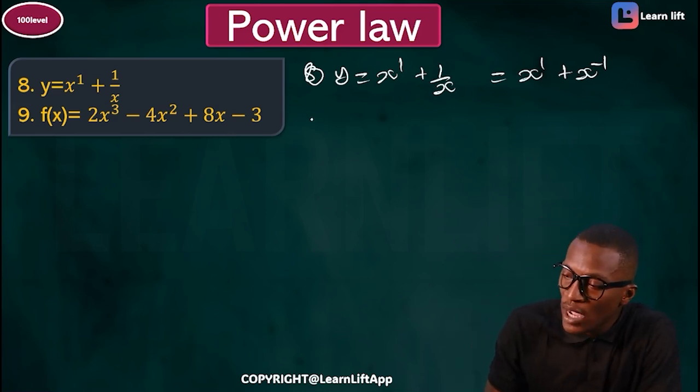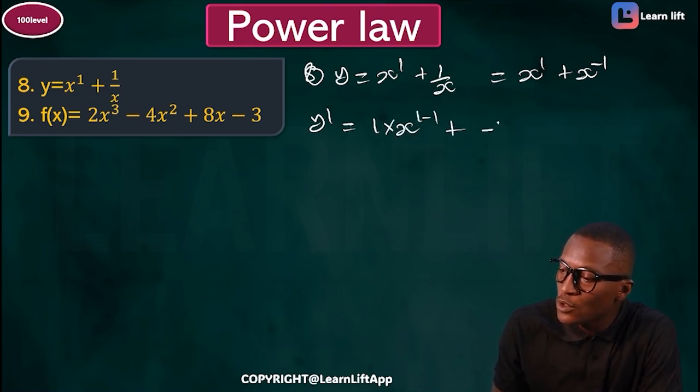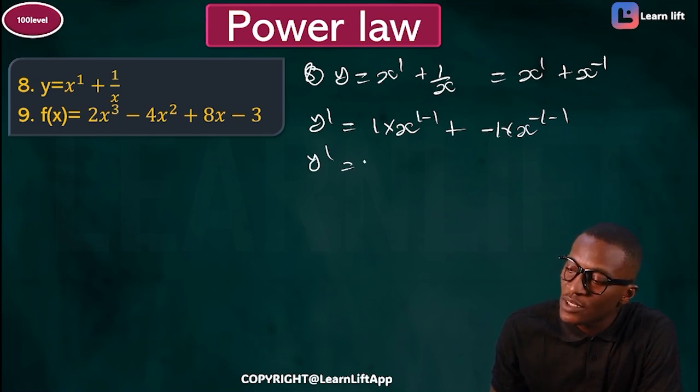So what will be y prime? Y prime now will practically give me 1 times x raised to power 1 minus 1 plus minus 1 times x raised to power minus 1 minus 1. So y prime will give me x raised to power 0 now, which will be 1.